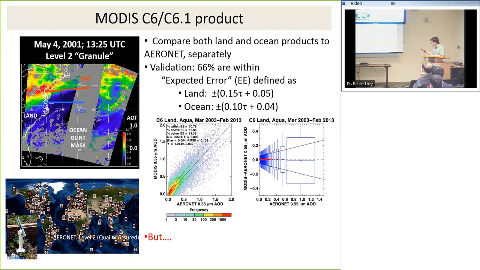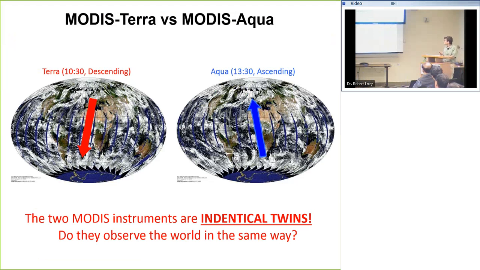It's not just a scatter plot, it's also a function of loading. We get about plus or minus 0.05 plus 15% over land, and a little better constraint over ocean. That's our product globally, over many years now. Overall, things are matching pretty well and we're pretty happy.